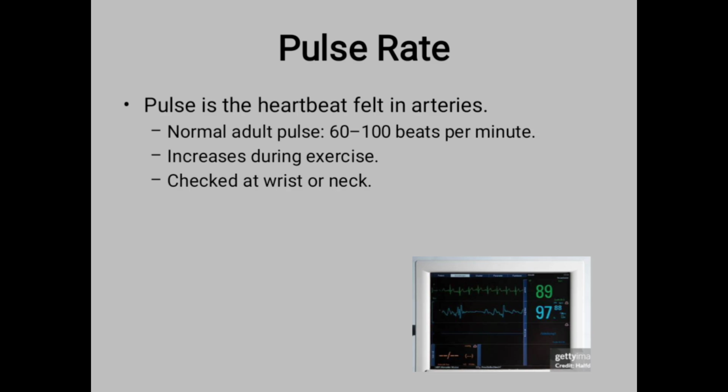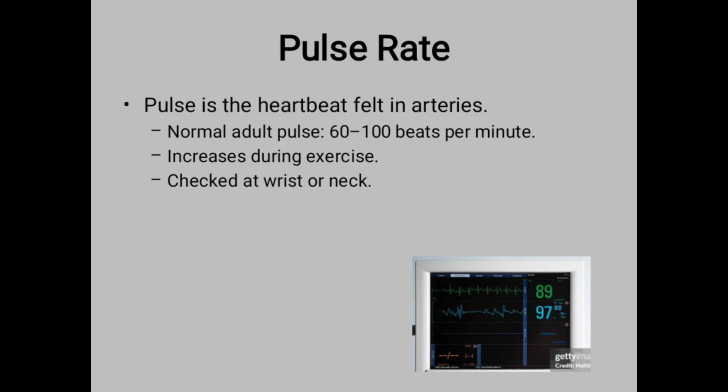We forgot about the child and the baby. For a baby up to a 17 to 18 year old child, the pulse rate is from 70 to 100 beats per minute in one day. Next, it increases during exercise, meaning our pulse rate sometimes increases, like your heart pumps fast when you are doing very hard exercise.